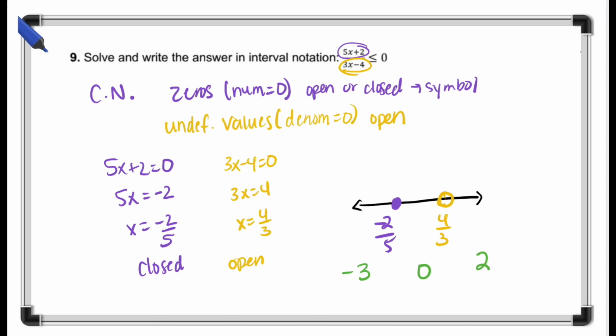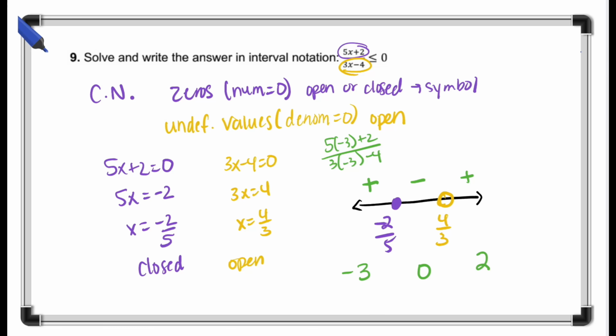So we test negative 3: 5 times negative 3 plus 2 over 3 times negative 3 minus 4. Again, you're just plugging those values into your rational. You're going to get a positive answer here, a negative answer here, and a positive answer here.